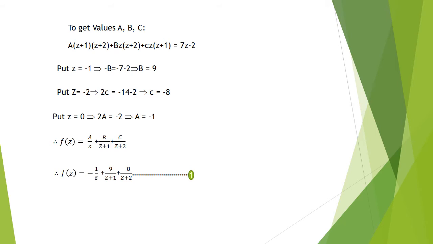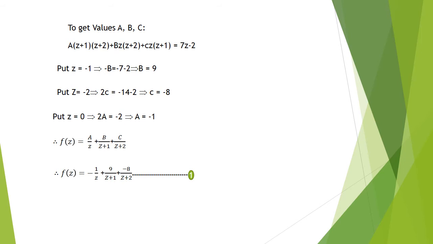Now, to get the other value, we will substitute z is equal to minus 2. Then this product will become 0, and similarly the B product will also become 0. Now, we have the third product C into minus 2 into minus 2 plus 1.